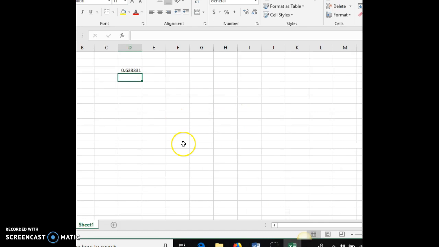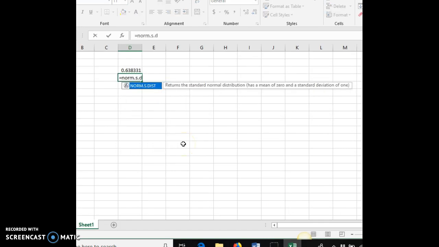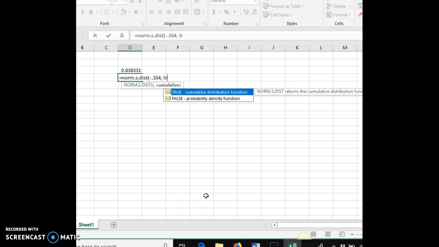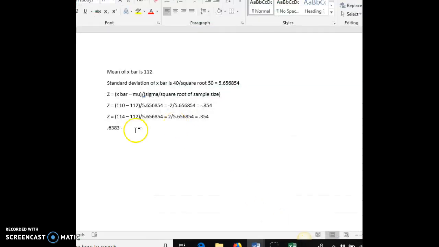So let's go ahead and do that one. Equal norm.s.dist, -0.354, true. And that's 0.3617. And subtracting these two probabilities gives us 0.2766. So there's our answer to question 2.